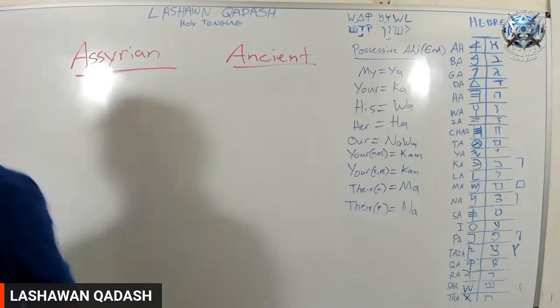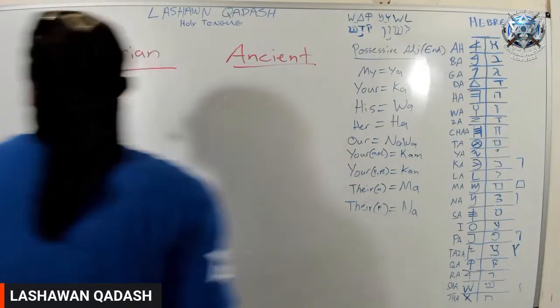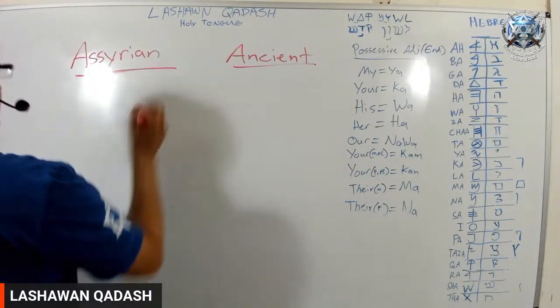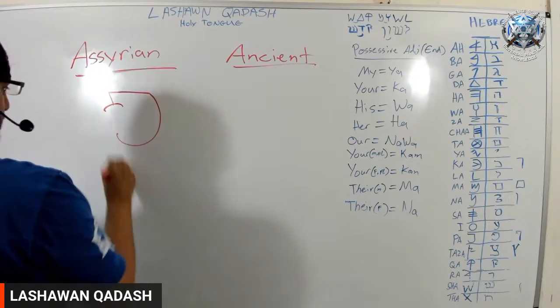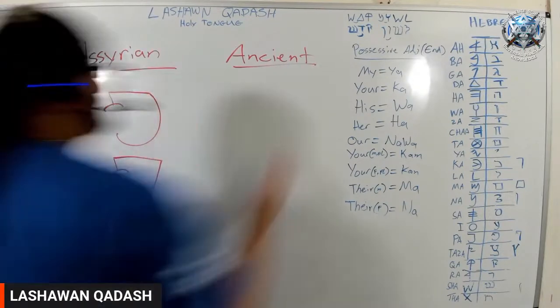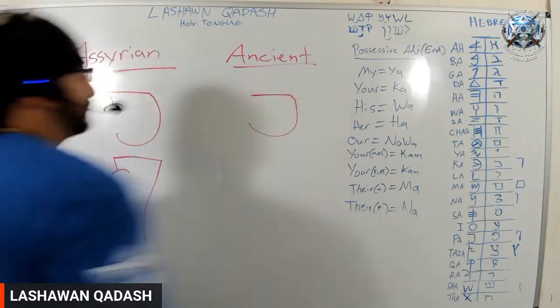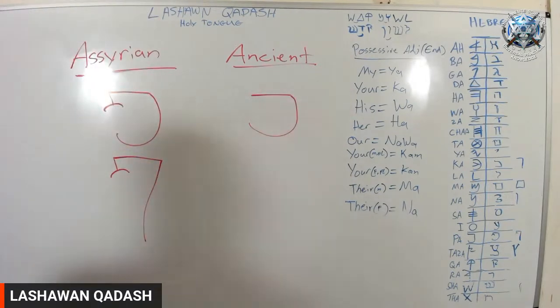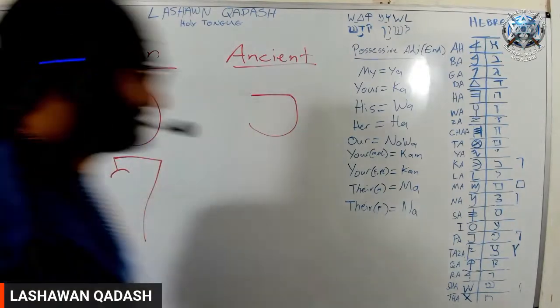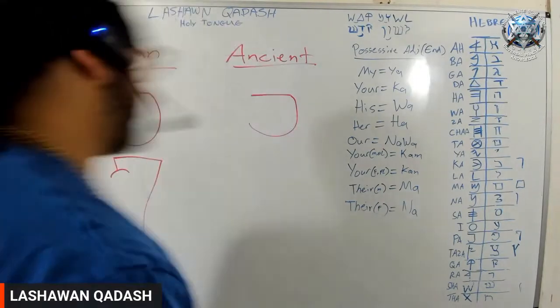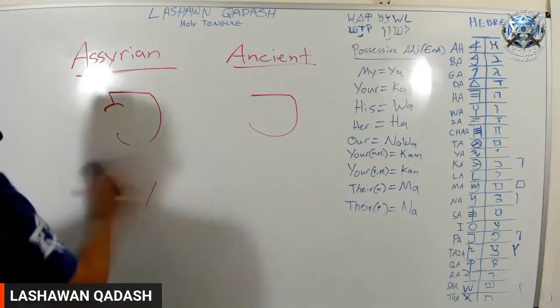All right, what's the next one? Is that right? There's the ancient, there's the Assyrian. Just in time. And put them down.